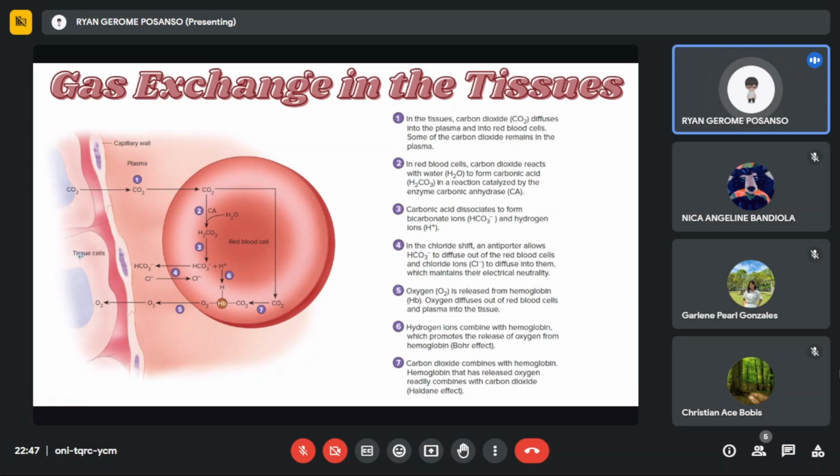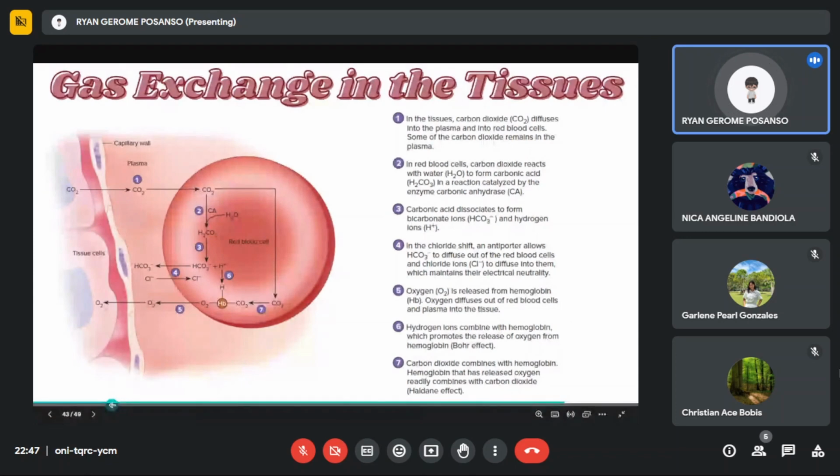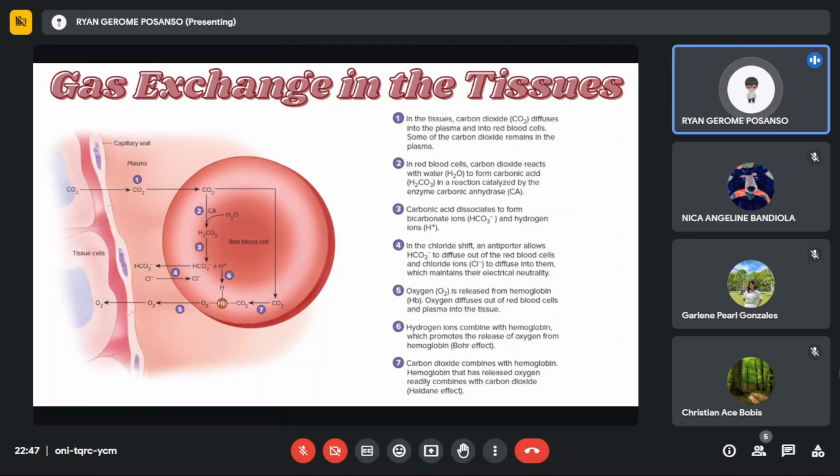Oxygen diffuses across the thin walls of the capillaries and into the surrounding tissue fluid, and cells absorb oxygen from the tissue fluid and use it for cellular respiration, releasing carbon dioxide as a waste product. Then, carbon dioxide-rich blood travels through the venules and veins, eventually returning to the lungs to be released.